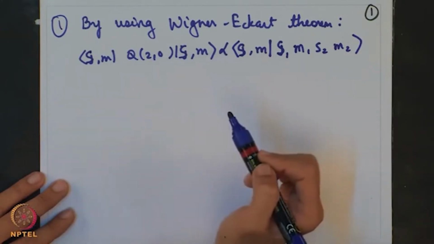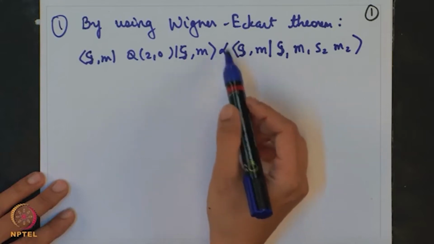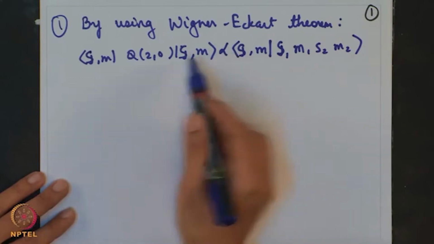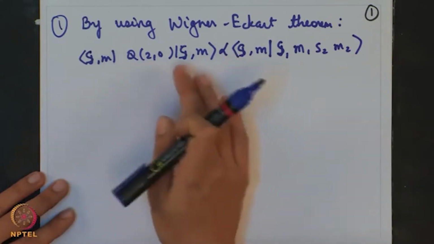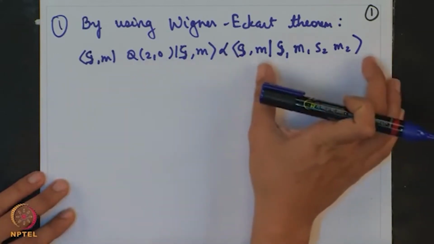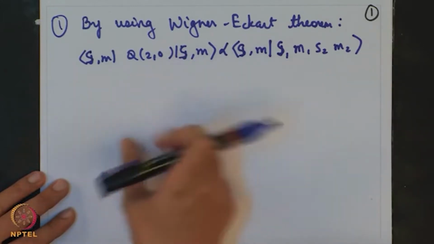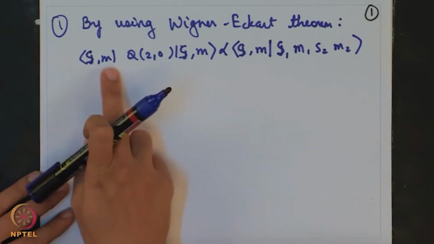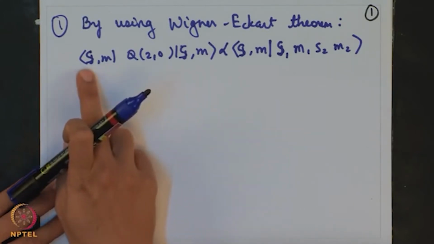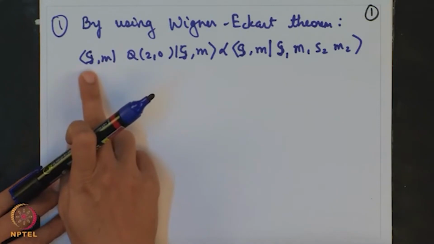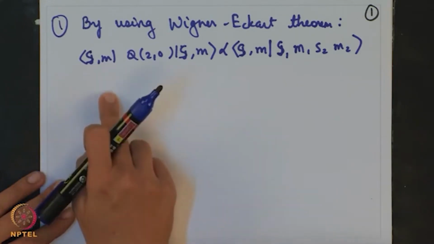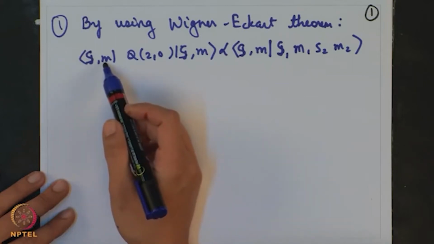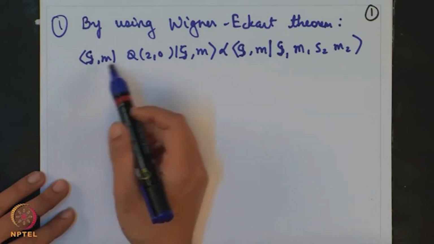This proportionality constant is a constant value which you cannot determine from the experiment, but we can find out the ratio of the observables and then evaluate the CG coefficient, and correspondingly you can find the ratios for S is equal to 1, m is equal to 0, S is equal to 1, m is equal to minus 1, S is equal to 1, m is equal to 0 and so on. So, you will find out the expectation value for 1, minus 1, 1, 0 and 1, 1.